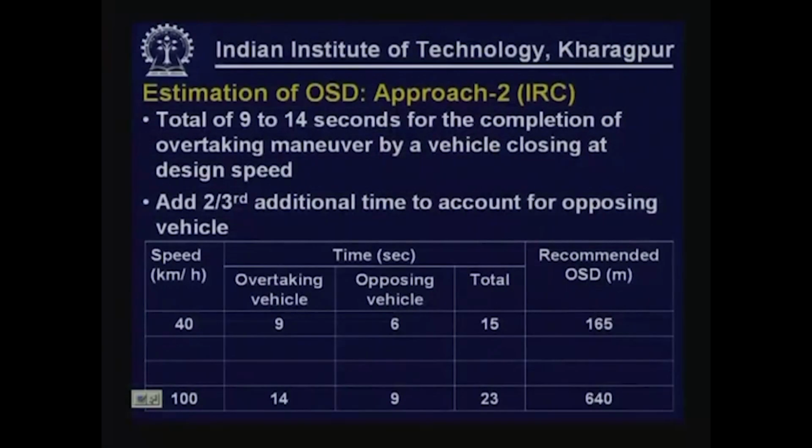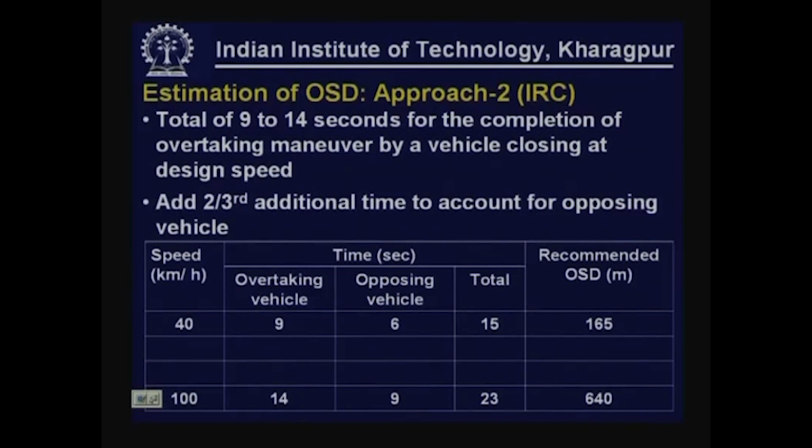So, look at this table. For different design speed, the OSD value can be calculated. The overtaking time varies from 9 to 14 seconds. At lower speed, say 40 km per hour, it is 9 seconds, and as the design speed is higher, the required time for overtaking is also more.